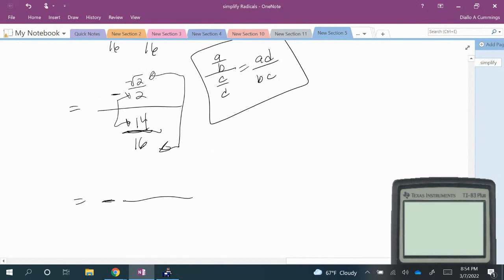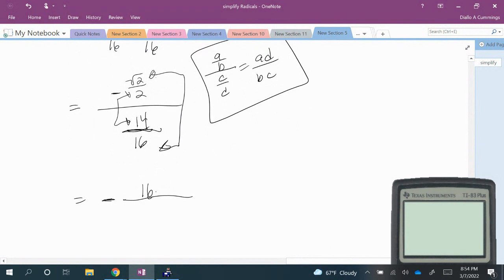In the numerator, I can multiply the very top and the very bottom. That gives me 16 times the square root of 2. I can also multiply the bottom of the top and the top of the bottom. So 2 times 14 is 28.